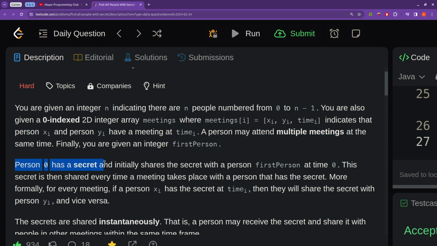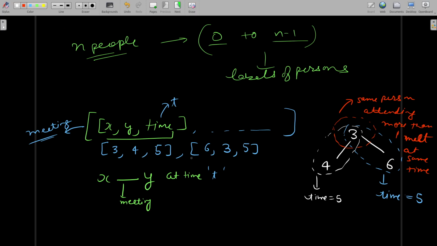and other than it, it's mentioned that the person labeled 0 will initially be having a secret, and initially that person will share the secret with the person labeled first person, okay, at time t is equal to 0. So let's say there was a person 0, okay, and he was having some secret, and the first person here, let's say, was 3.